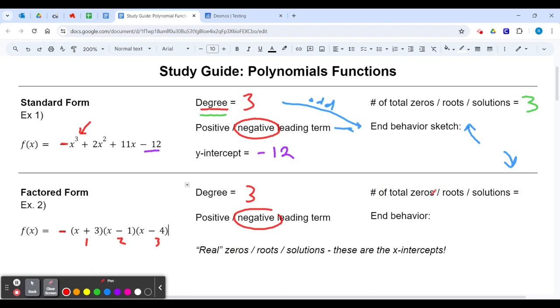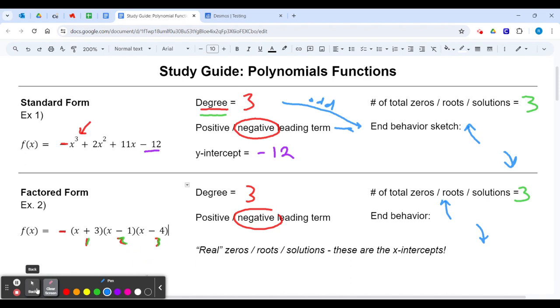For the number of total zeros, roots, and solutions, we should have 3 as well, 1 for every single factor in our problem. And for end behavior, since we have a negative leading term and a degree of 3, we should still be able to find that it should have that negative odd behavior, or decreasing behavior.